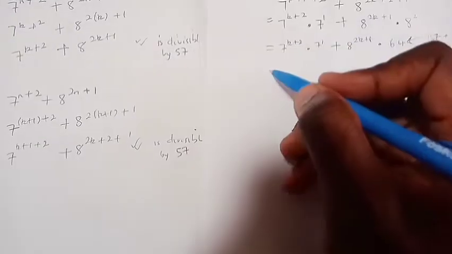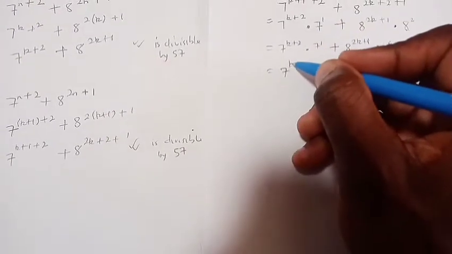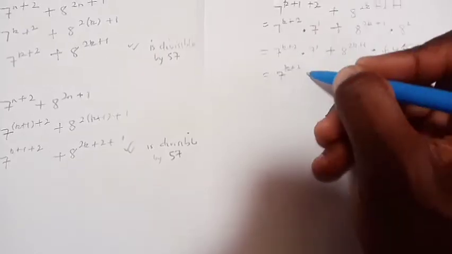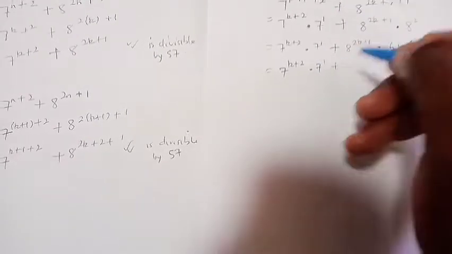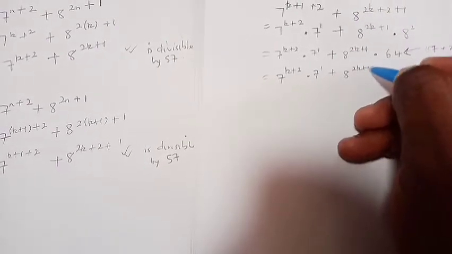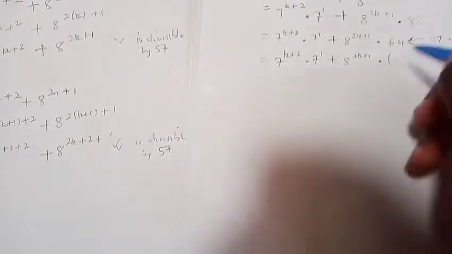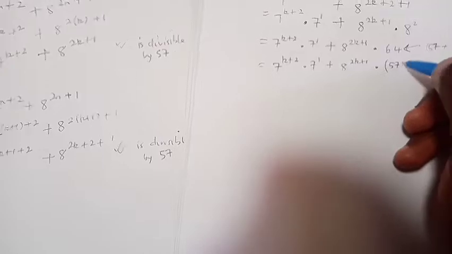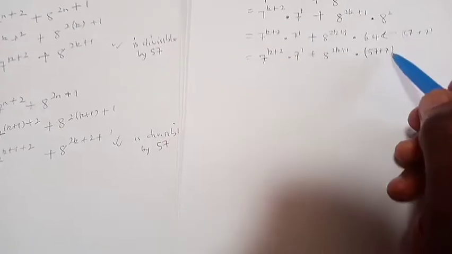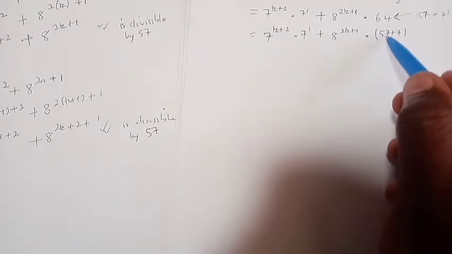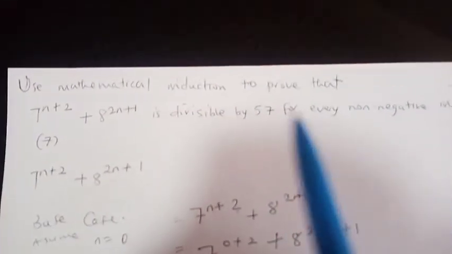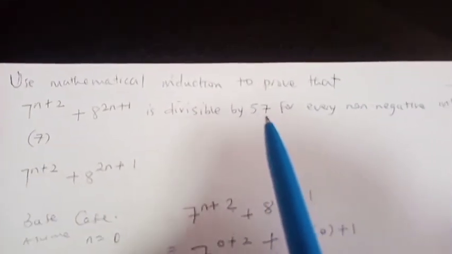Okay, so I'll come here and rewrite 7 to the power of k plus 2 multiplied by 7 to the power of 1 plus 8 to the power of 2k plus 1 multiplied by, instead of 64, now I'm going to write this expression 57 plus 7. Now why did I use this expression? Because I want to leave 57 over here, since we said that our expression must be divisible by 57.